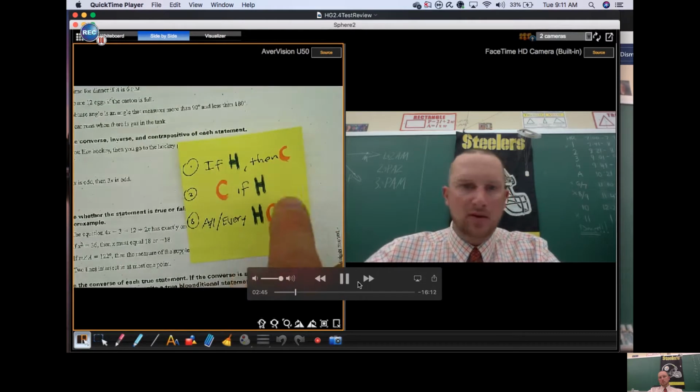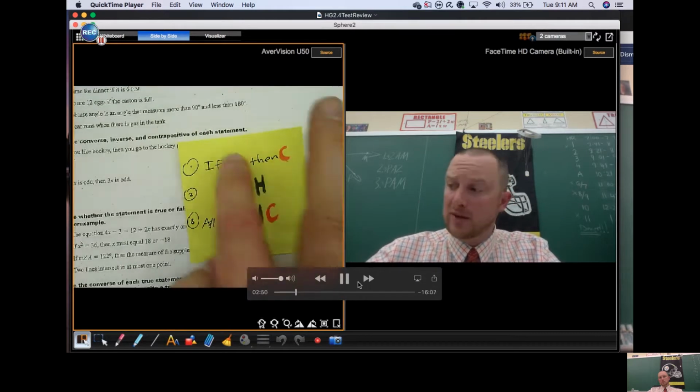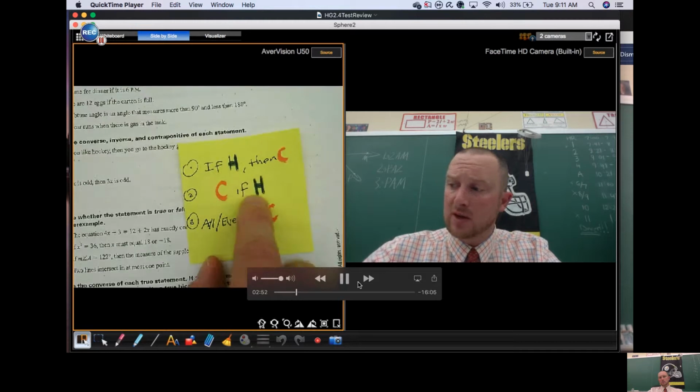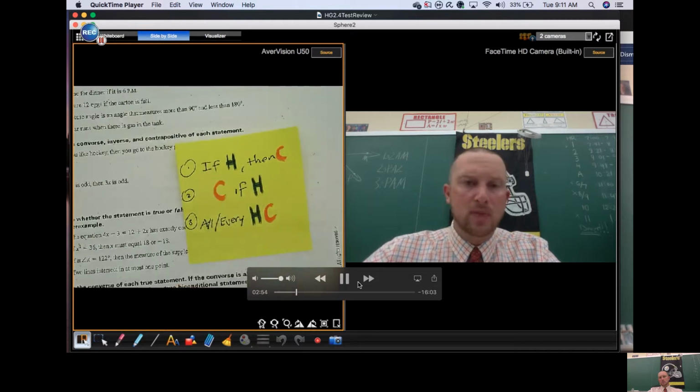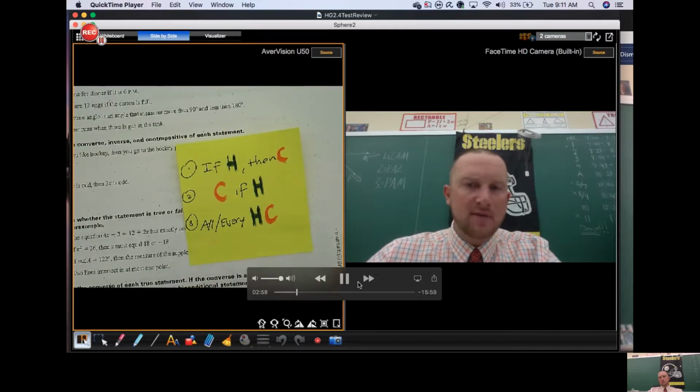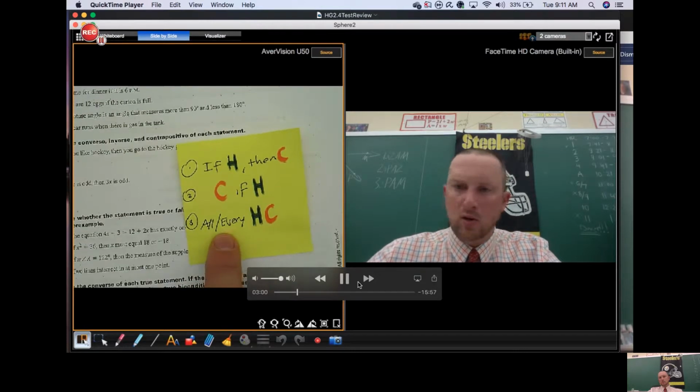If blue, then red. That means the same thing as red if blue. The reason those mean the same thing is, notice how if is attached to the blue, your hypothesis. You could also take if and then out altogether and say all or every blue, red.